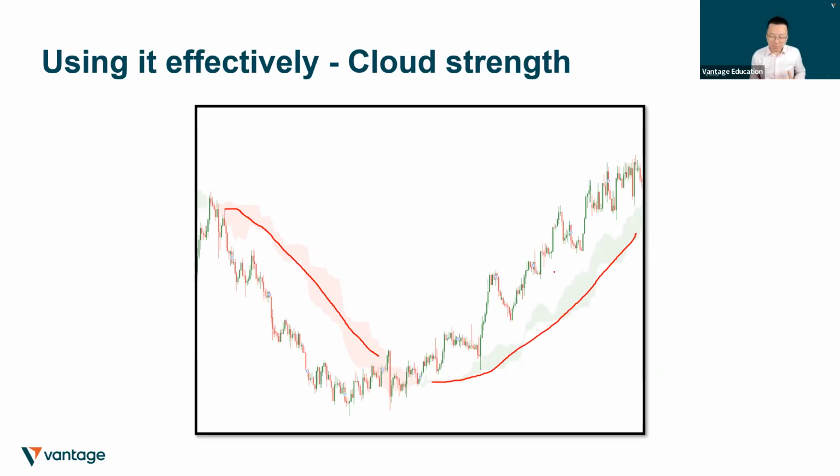Once it comes close, or into the cloud, then you're going to have to be extra careful. For example, at this point, where's my mouse? I lost my mouse. Hang on. Okay, here it is. That was a strong downward move, but once it comes back close to the cloud, it should ring a bell to tell you, hey, be careful.